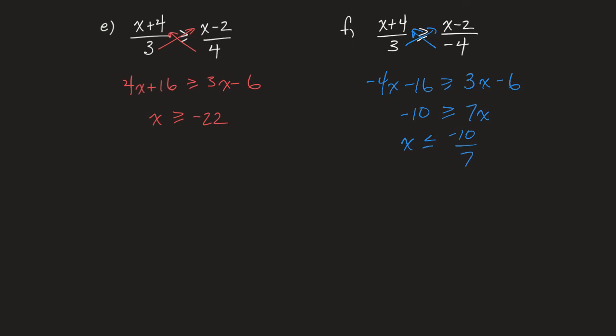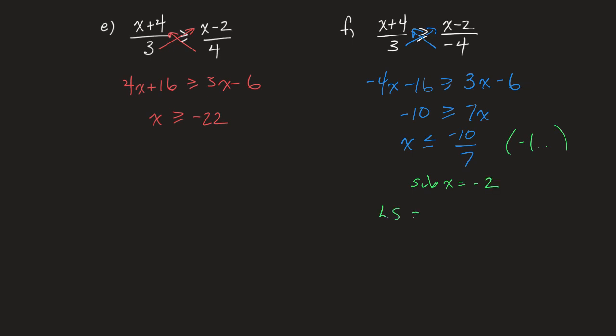Now, we could go through and do a left side, right side check, but I'm going to help you out in this instance. Let's go super fast. X is less than or equal to negative 10 sevenths. Pick a value that we think works. The easiest value, since that would be like negative 1 and a bit, would be to pick negative 2, because we're less than or equal to. So I'm going to pick negative 2.